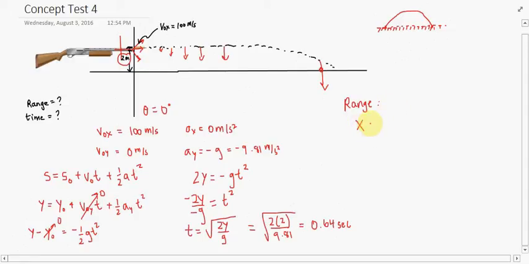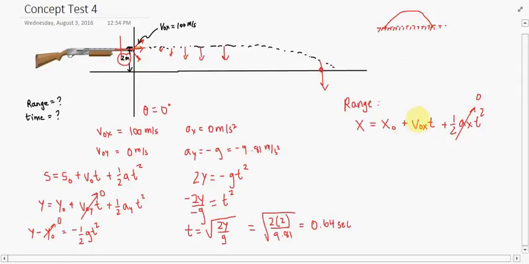So remember, my final x position is equal to my initial x position plus my velocity in the x direction times time plus 1/2 a_x, the acceleration in the x direction, times time squared. We know that acceleration in the x direction is 0, so all of this simplifies to 0, and I'm just left with this equation.